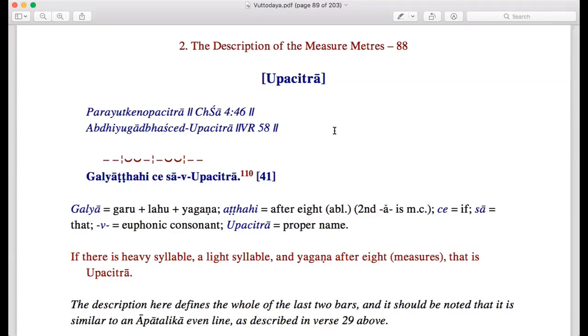We can say it that way too, right, Bante? It's just because he has to put the verse in this way. So he has to put it that way. That's why he said the rule has to be Garu Lahu Yagana, and otherwise we can say Bhagana and then Lahu Garu, right?